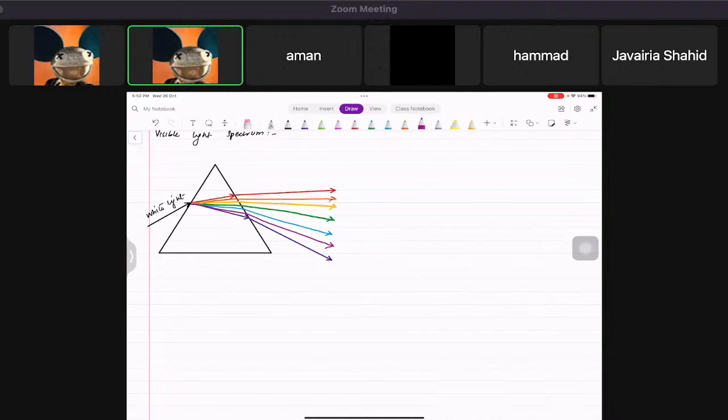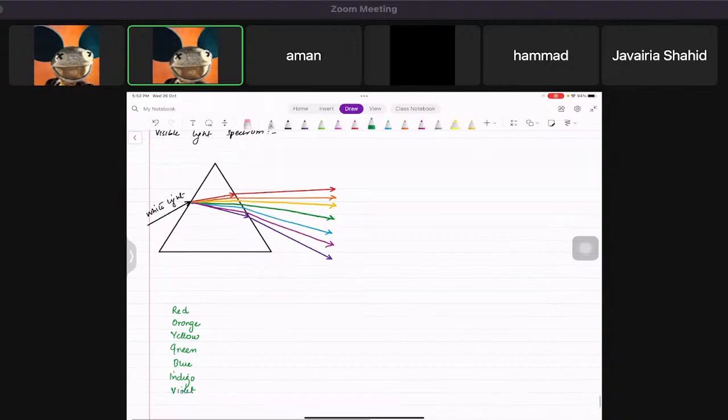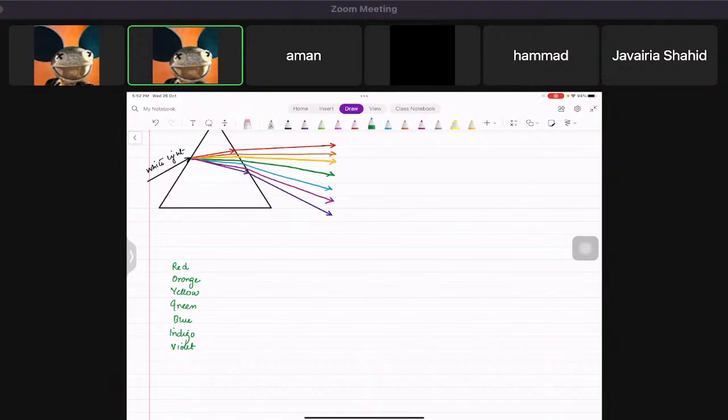Now what you guys need to remember is that this is the path: red, orange, yellow, green, blue, indigo, and violet. Now we also need to remember their wavelengths.